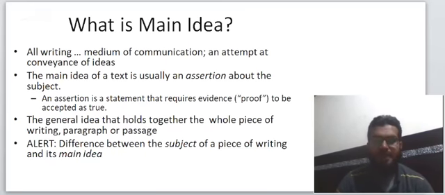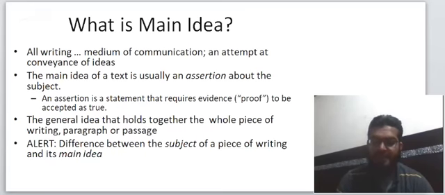Now, main idea is the general idea that holds together the whole piece of writing. So this is something that is a defining characteristic of main idea. What is a main idea? A general idea that controls the whole piece of writing or paragraph or passage.